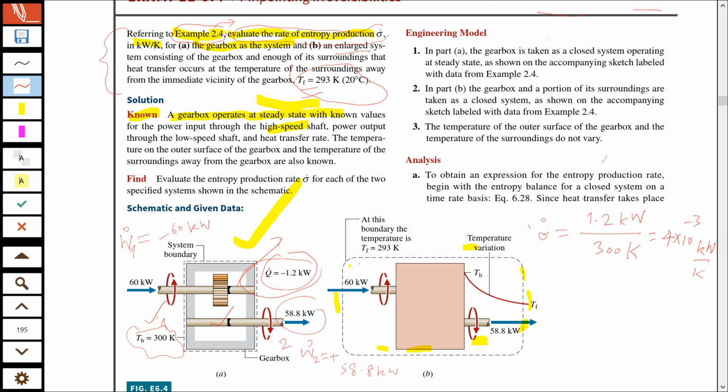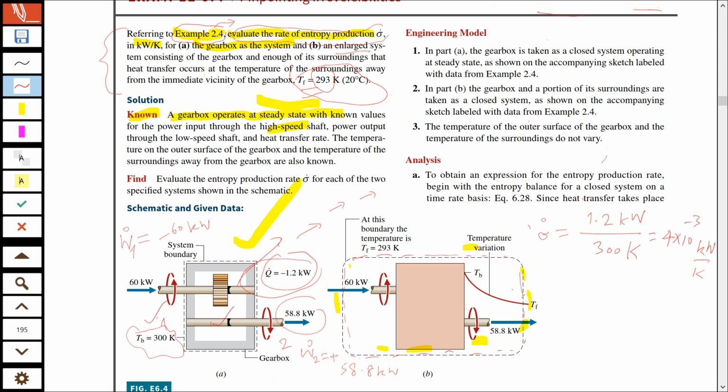As you move away, that temperature will get smaller and smaller. So when you see that temperature 293, declare that as your boundary.